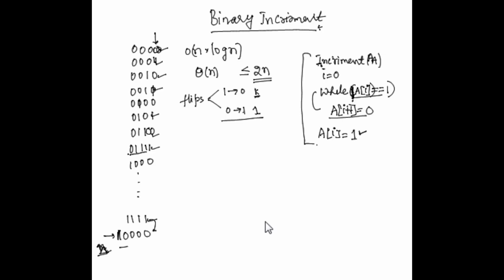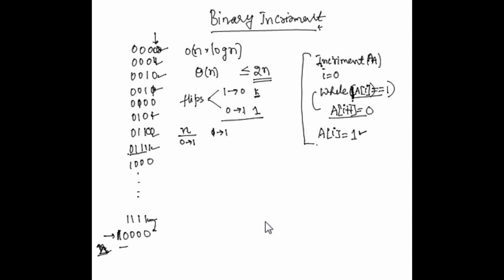Since I am doing n increments, there will be n flips which are going from 0 to 1. Now let's look at how many times 1 will be converted to 0, right? If you look at the first bit here, every alternate iteration, if it is 0 changed to 1, in the next iteration it's going to be 1 to 0, right?